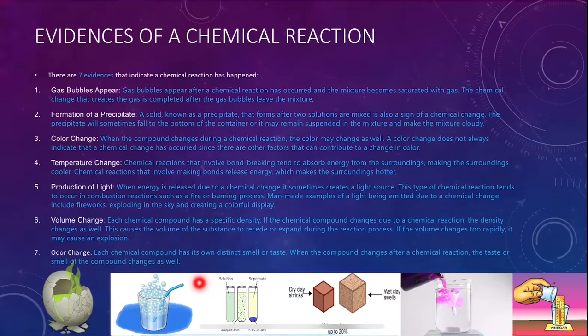The third one is the formation of a precipitate. The fourth one, the volume change. The sixth one is the color change. And the last one is the temperature change.